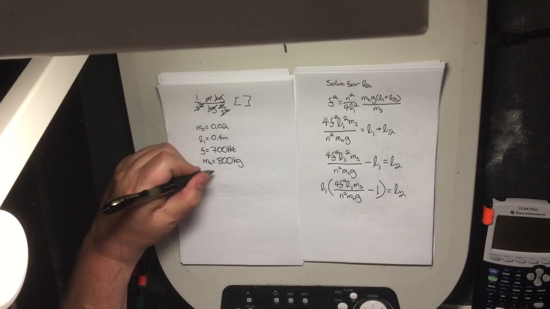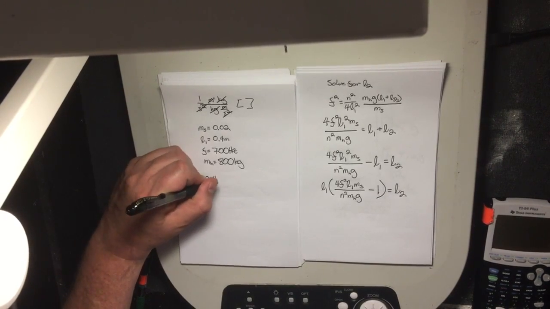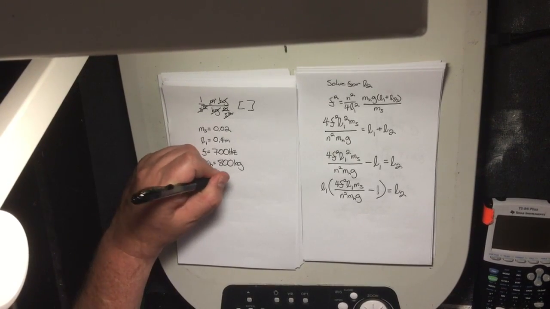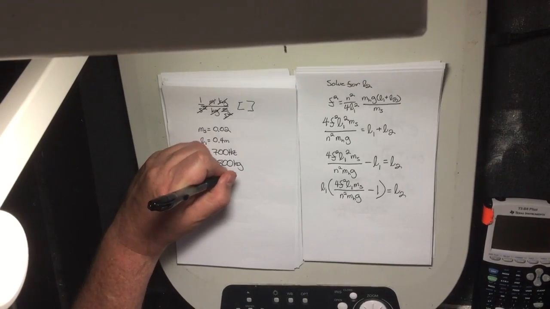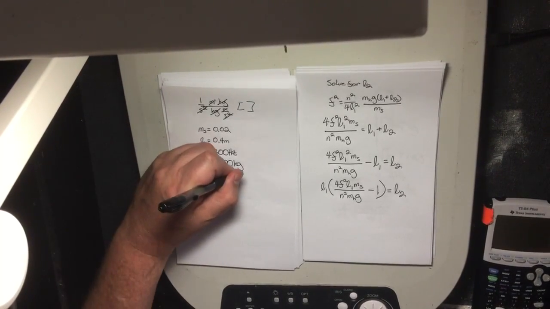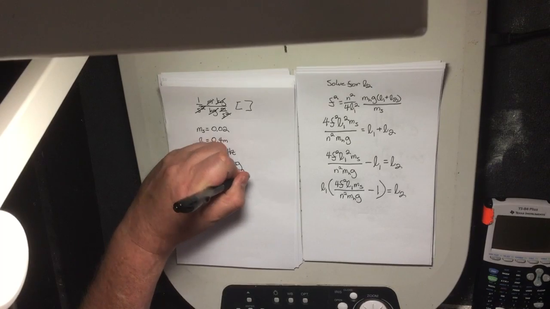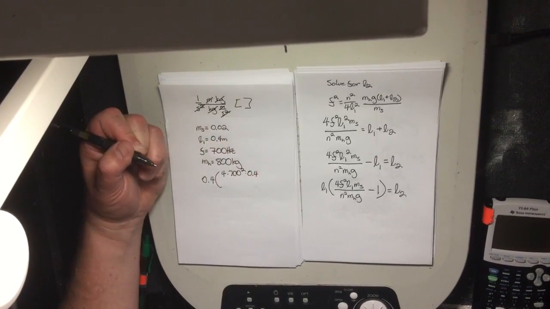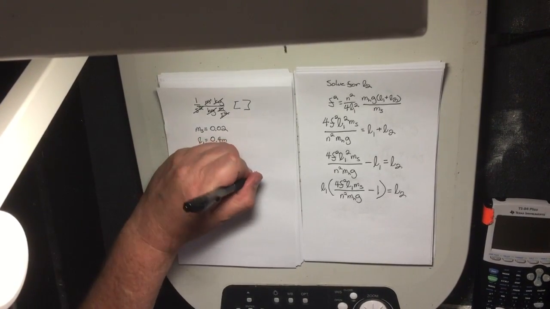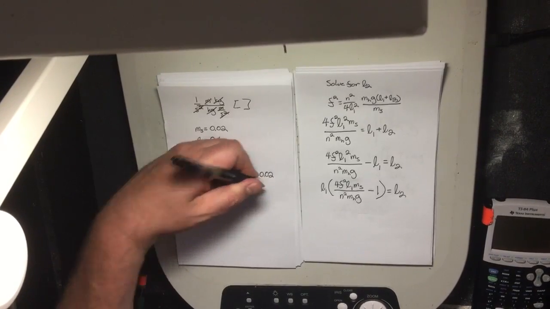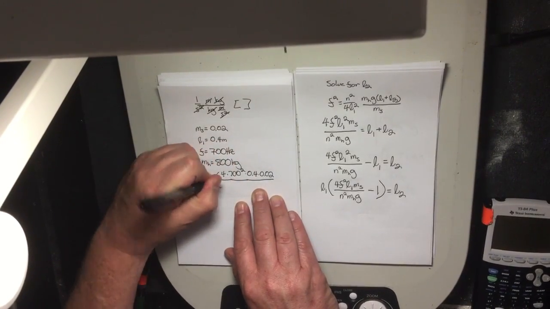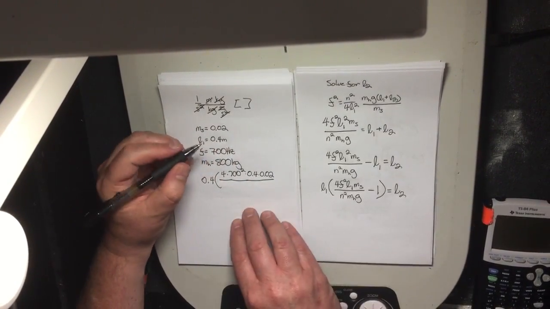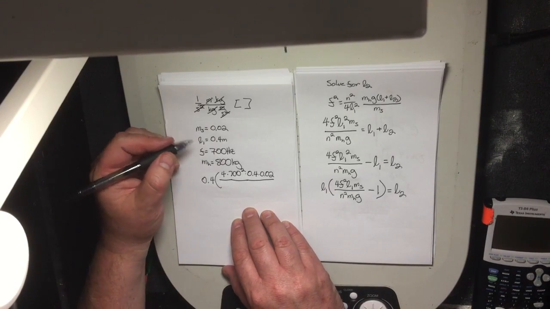Now, let's plug and chug. M1, 0.4, F, 700, squared, L1, 0.4, MS, 0.02. Oh, I need a harmonic.